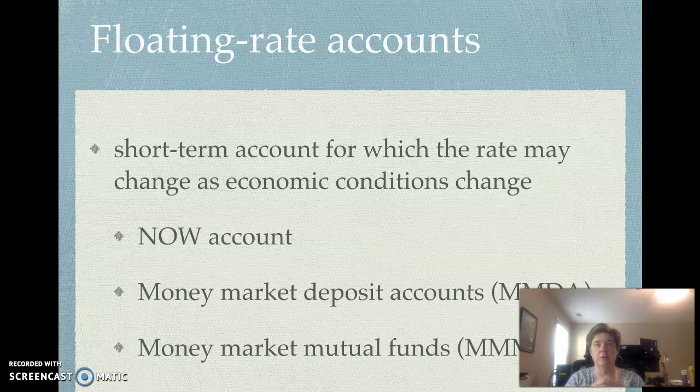For example, you can only withdraw one or two times per month, and I would be surprised if it were that much. Usually it's maybe two or three times per six months. So they're extremely limited in how often you can withdraw, but they pay a better rate than any going savings account.